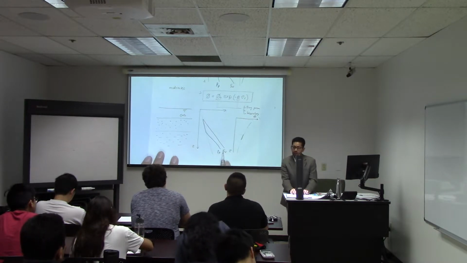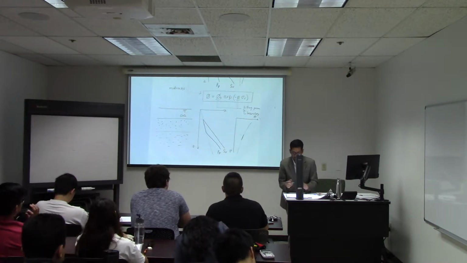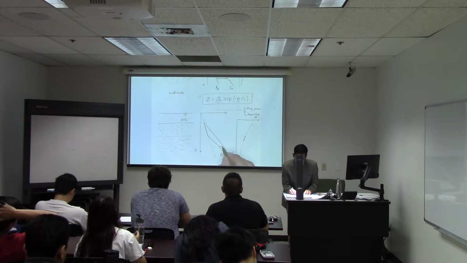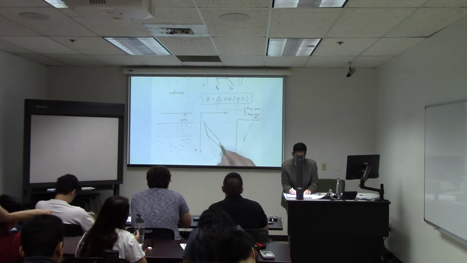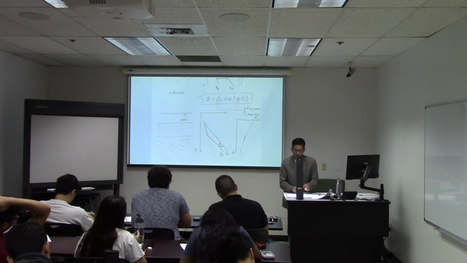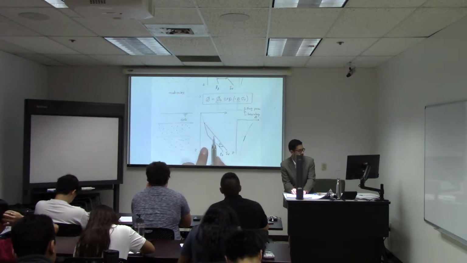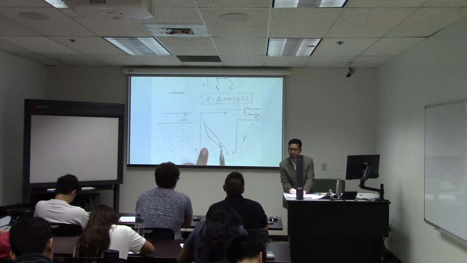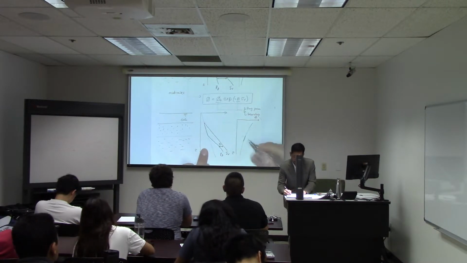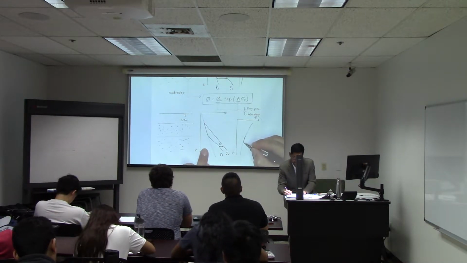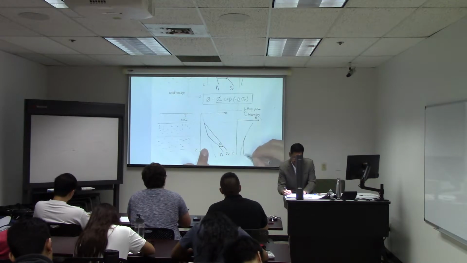Why does it deviate? Look at effective stress. You can see that actually at this point the effective stress is higher than at that point. So your porosity, it may do something like this.